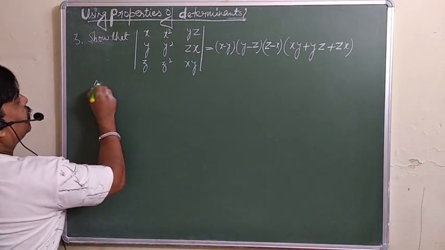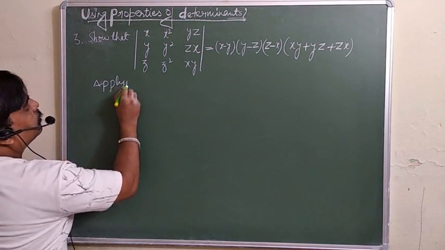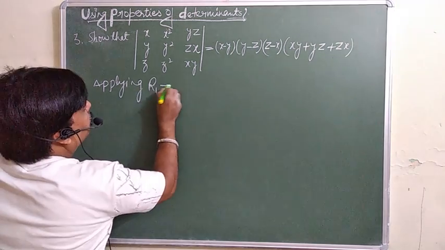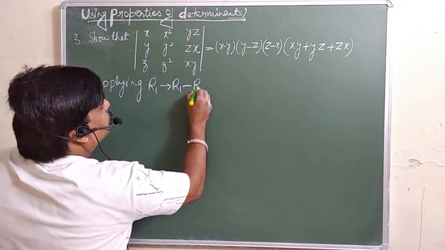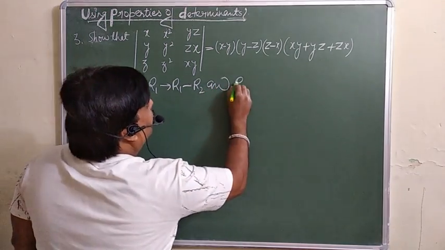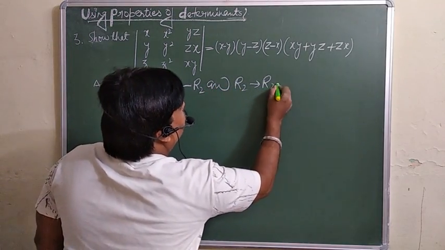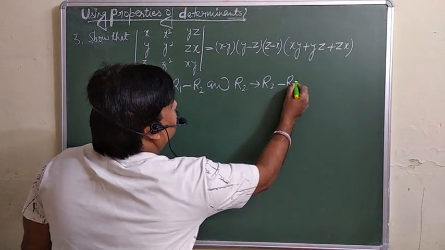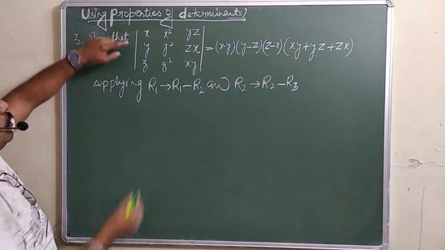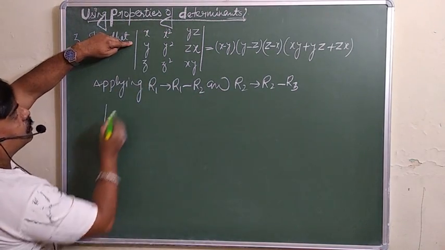So you can apply here R1 minus R2 and R2 minus R3. These two operations we are going to apply at the same time. So from the first row we subtract the second row.